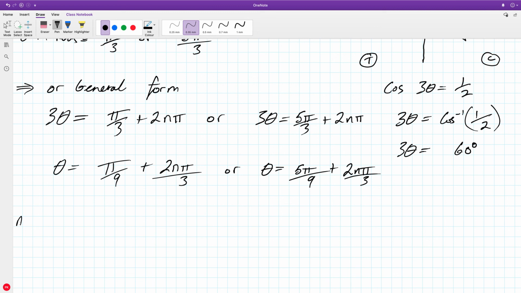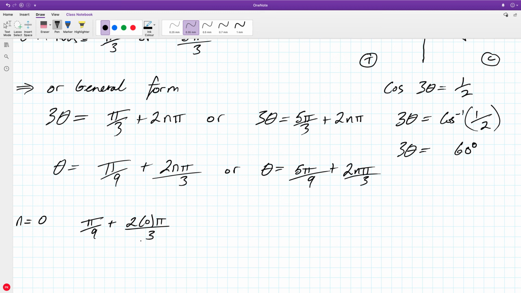So we try out n equals 0: pi over 9 plus 2 times 0 pi over 3. So you literally put that into your calculator. Shift pi over 9 plus 2 times 0 shift pi over 3.